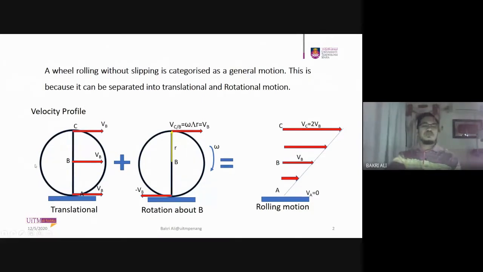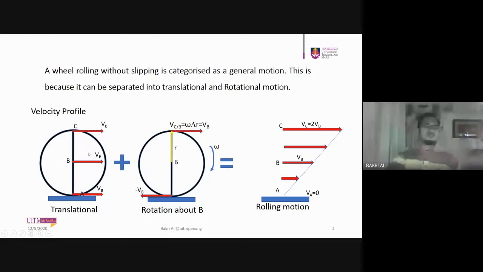A general motion consists of translational and rotational motion, and a rolling wheel, such as your car tire or your motorcycle tire, is rolling. So we call it rolling, not rotating. Rolling means it translates as well as rotates. That's why it is categorized as a general motion.